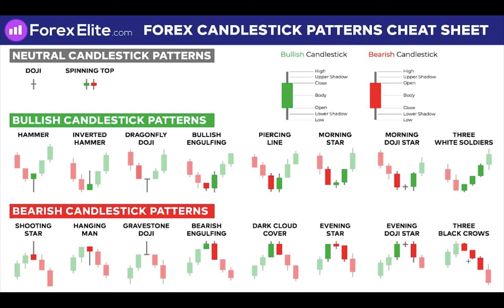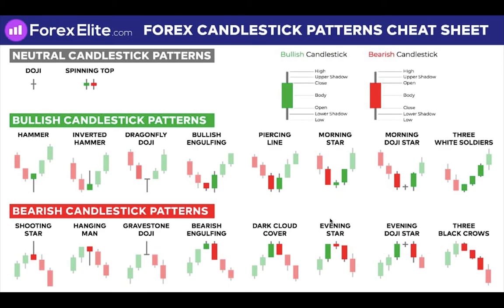They mean that there is a potential drop which is occurring after an increase. There was an increase, things were rising, but now a drop is coming. You see these 3 black crows. It tells you that it's now time to click the sell button. So watch out for these trends.